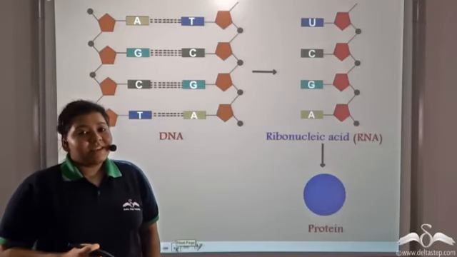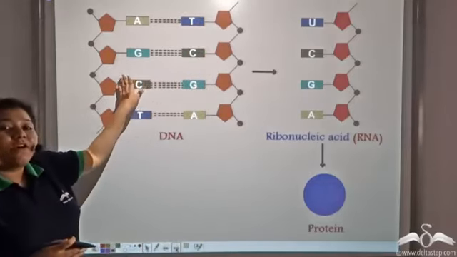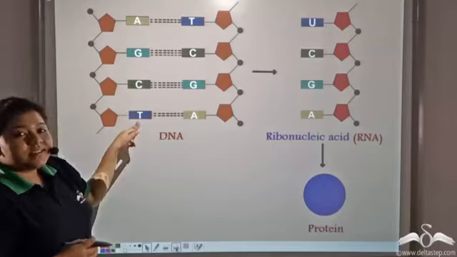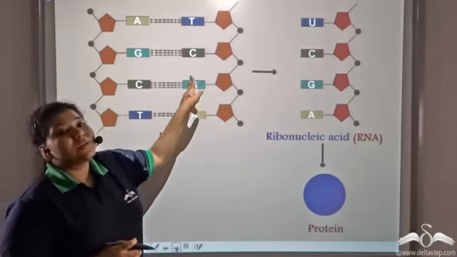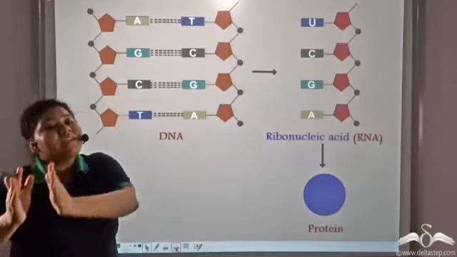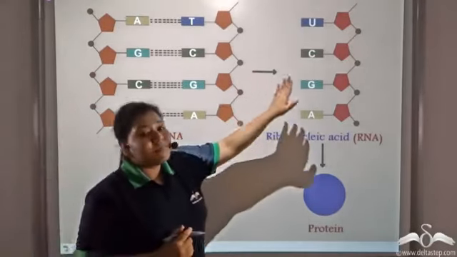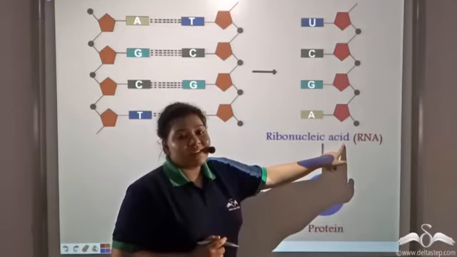What is a code? A code is a chain of nucleotides of either strand of the DNA. It might be this strand or this strand. Now, according to this nucleotide chain, a corresponding nucleotide chain is formed in the nucleus itself, which is known as RNA.